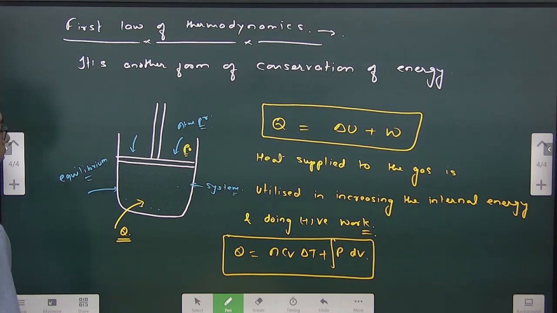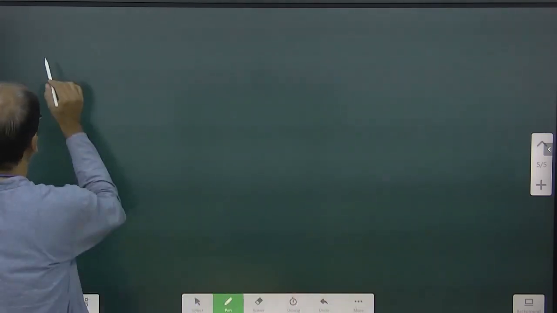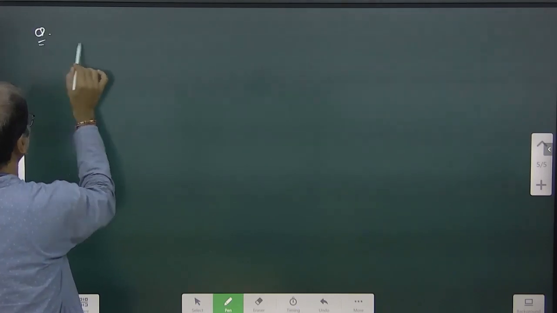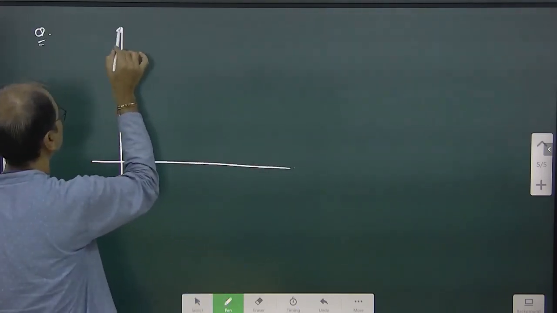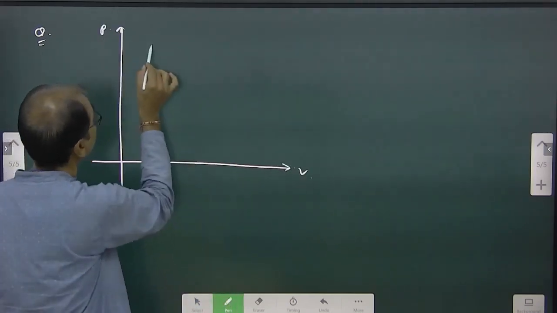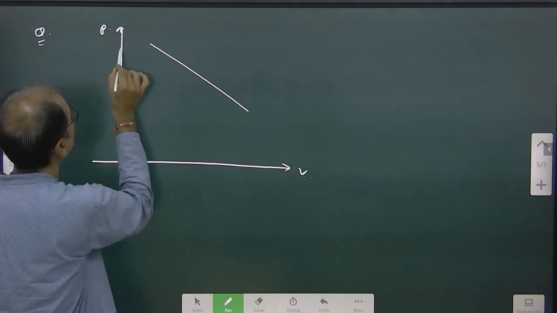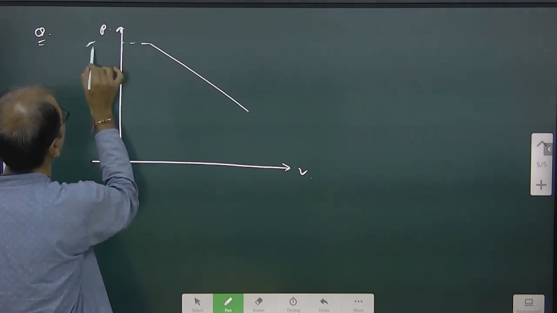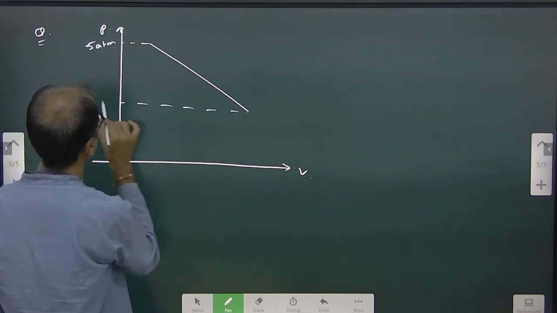Okay, fine. Now, suppose it's given like this. A general question I am asking you. Suppose there is a PV curve given, and in this one the graph is like this. Maybe we can say 5 atmospheric here and 2 atmospheric.